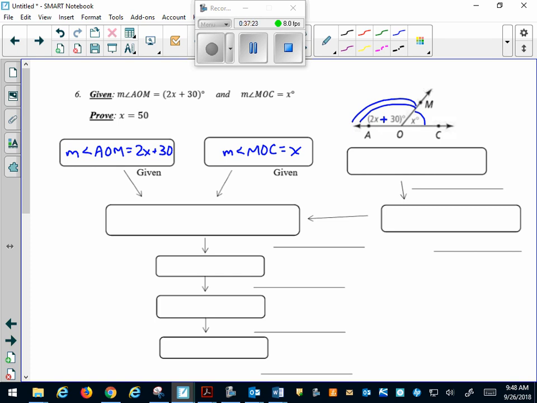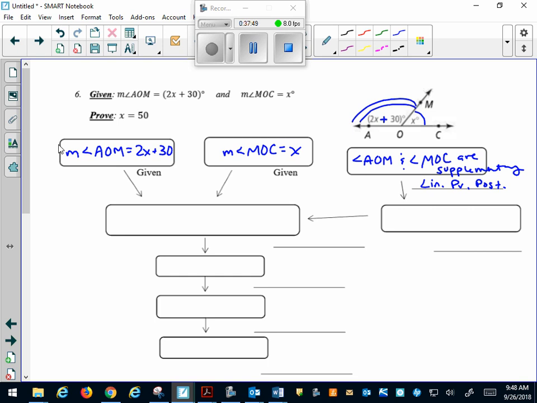So we're going to use the linear pair postulate to say angle AOM and angle MOC are supplementary. And that's the linear pair postulate.